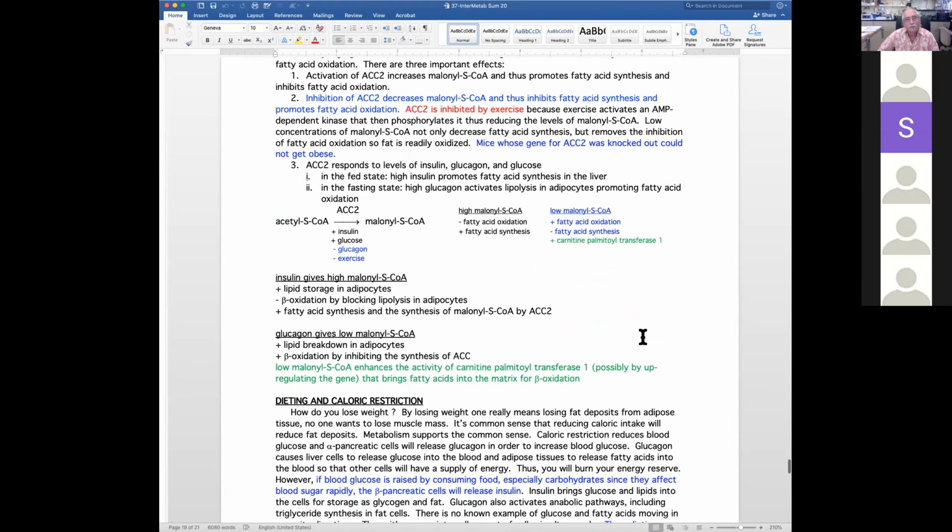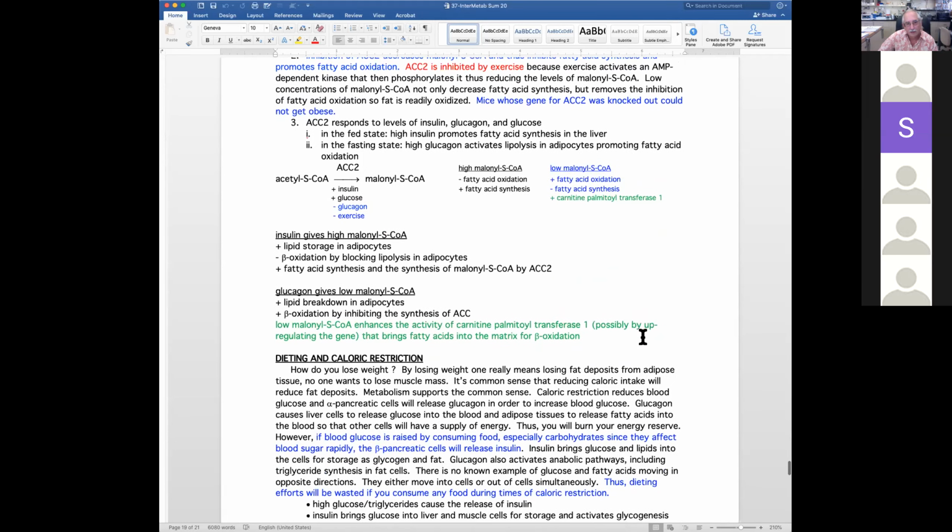So if we look at what the enzyme responds to, it's turned on by insulin and glucose, and turned off by glucagon and by exercise. So exercise makes it so you don't have a lot of malonyl-CoA. So that activates fatty acid oxidation, inhibits fatty acid synthesis, and also activates carnitine palmitoyl transferase, which does what?